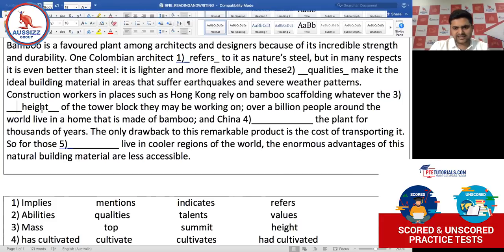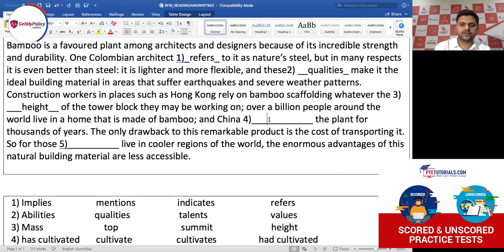So they were doing it and they're still doing it. So the option here that would suit is has cultivated the plant for thousands of years. They've not stopped cultivating it. If they had stopped cultivating it, you could have said that China had cultivated the plant, but they are no longer cultivating it, right?